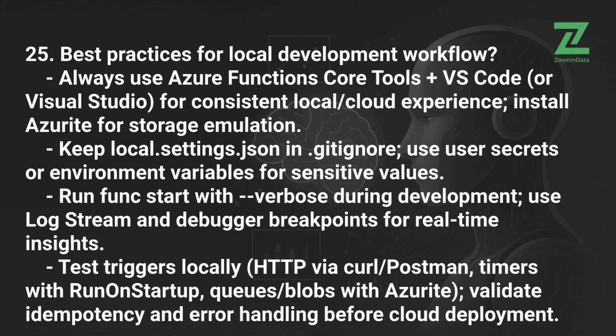Run func start with --verbose during development. Use log stream and debugger breakpoints for real-time insights. Test triggers locally. HTTP via curl, Postman, timers with RunOnStartup, queues, blobs with Azurite. Validate idempotency and error handling before cloud deployment.